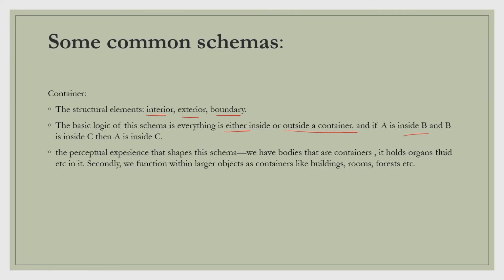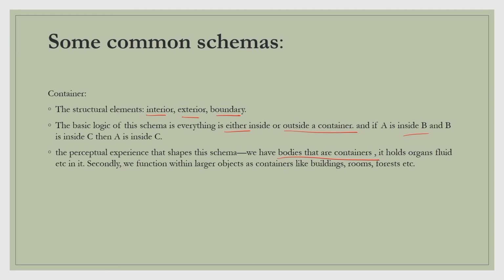And how do we arrive at this simple schema? That is because we experience containment, the idea of containment, all through our life. Our physical body itself can be thought of as a container. It has all the vital organs and all the processes that are inside it.